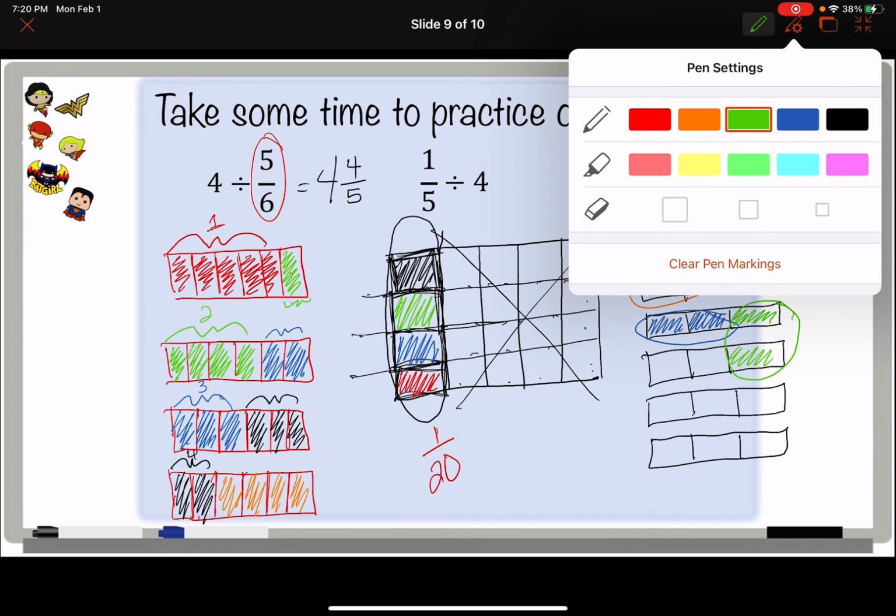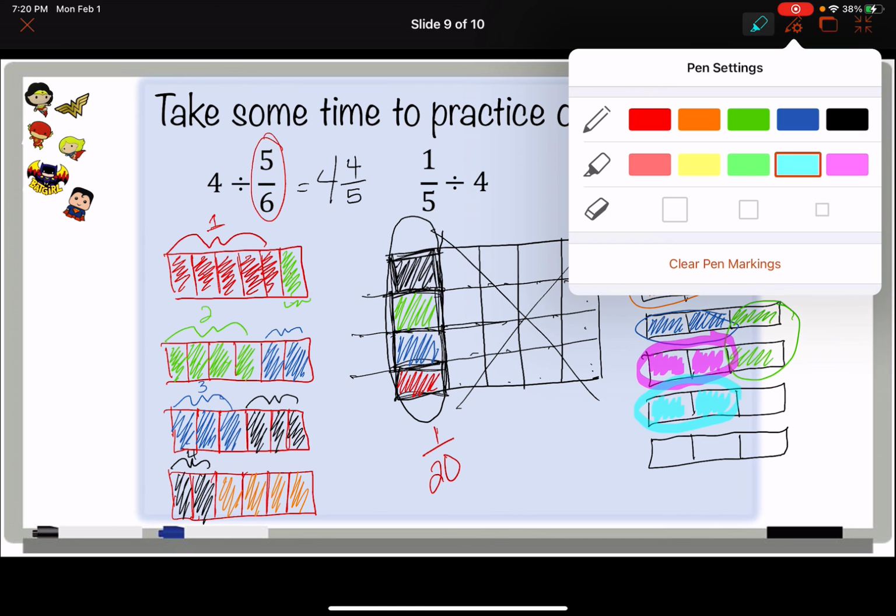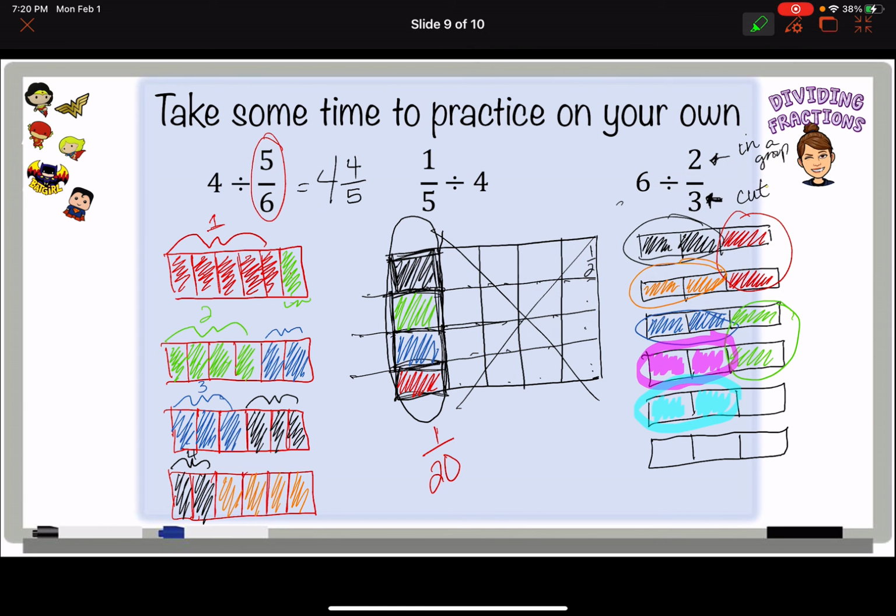Yeah, I ran out of color, so I'm going to use the highlighter now. So here's another group. That's 6 groups. 7. 8.